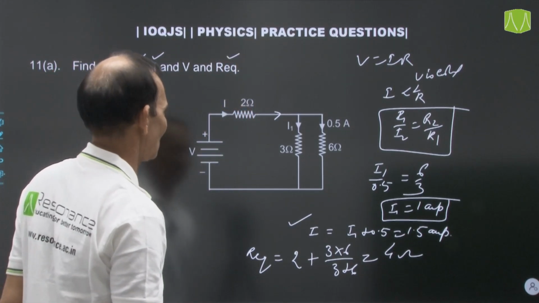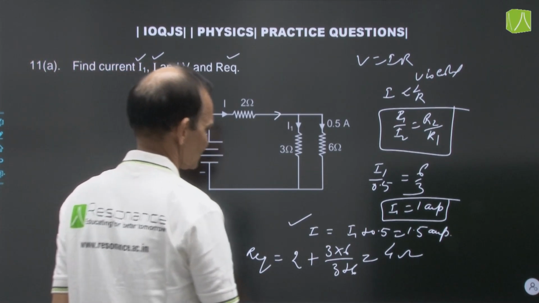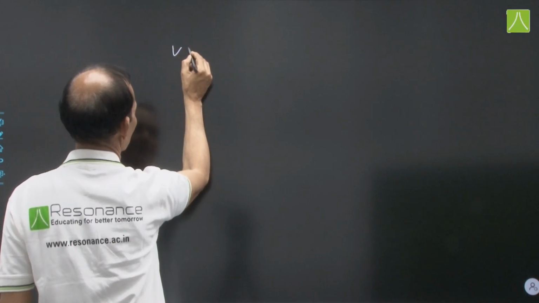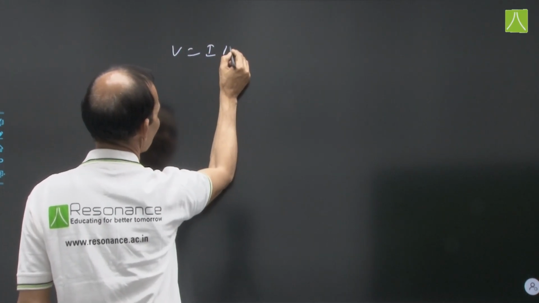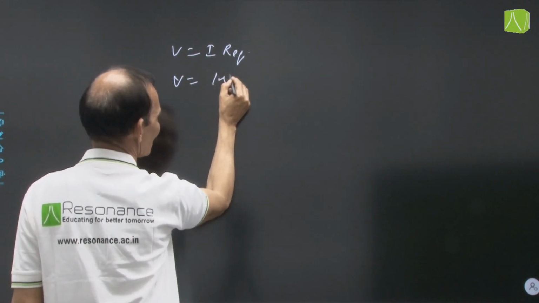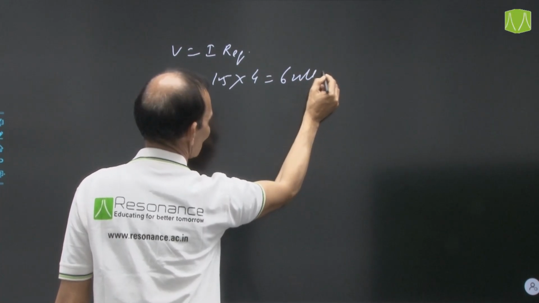What is V? V is equal to I into R equivalent. V is equal to I, which is 1.5, and R is 4, that is 6 volt.